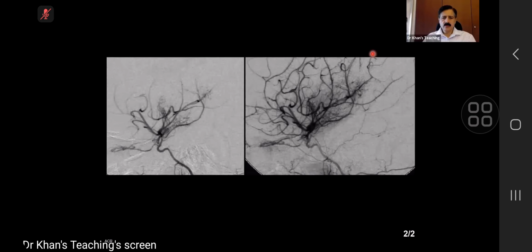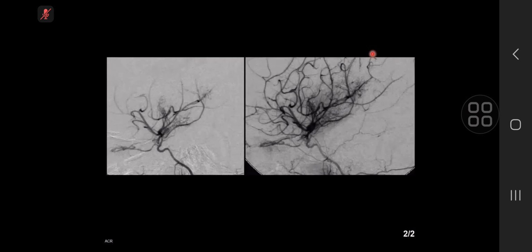Thank you, Ram. So this is a direct catheter angiogram from the internal carotid, and again I can see a proliferation of vessels which appear to be of abnormally narrow caliber, giving a puffy smoke appearance in keeping with Moya-Moya disease.